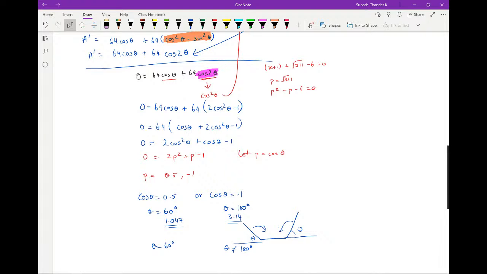Okay, while Dave's doing that, I got a request for the 2015 1E integration question. Give me a second. No. If this is 1E.